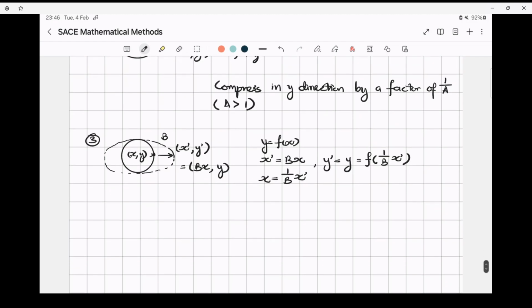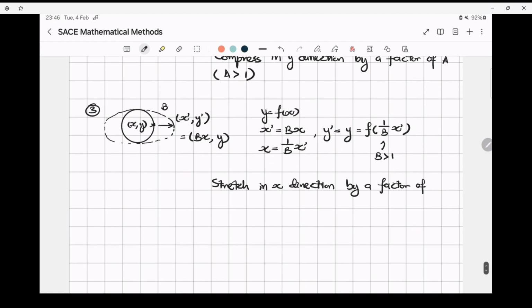So if let's say you found this particular form of equation whereby there is this 1 over b term here and b is greater than 1, then this particular transformation, we call this a stretch in x direction by a factor of, so here you need to be careful.